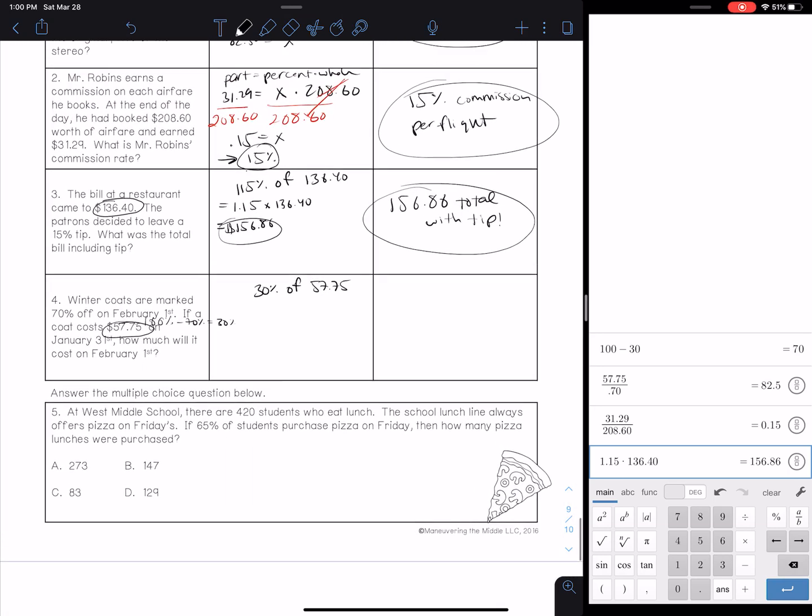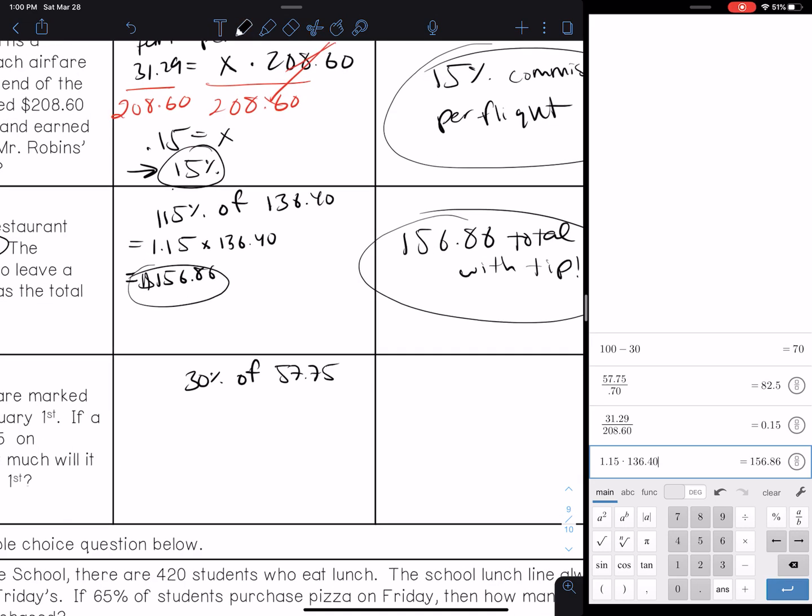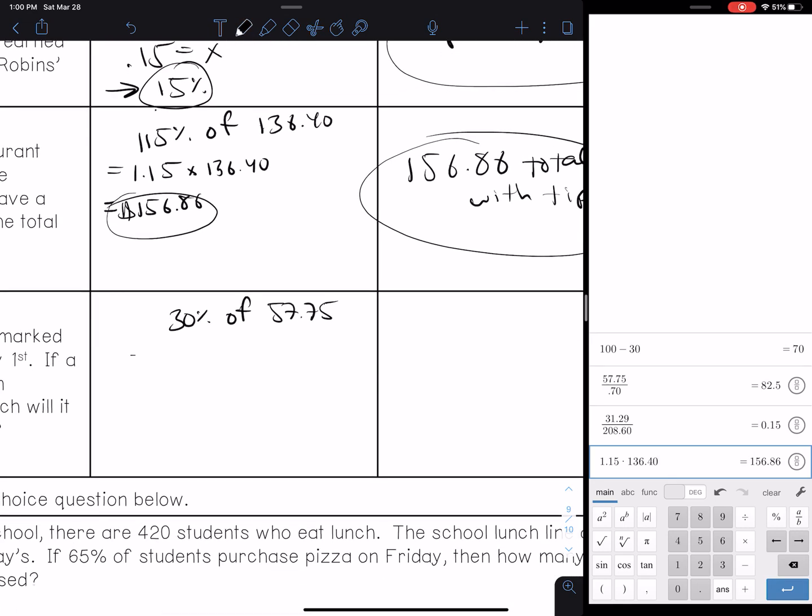So you're going to pay 30% of the cost, which is $57.75. Again, coincidentally, huh? All right, so let's see what we got, okay? 30%, what does that mean? 0.30. What does of mean? Multiply. What does $57.75 mean? $57.75. Oops. All right.